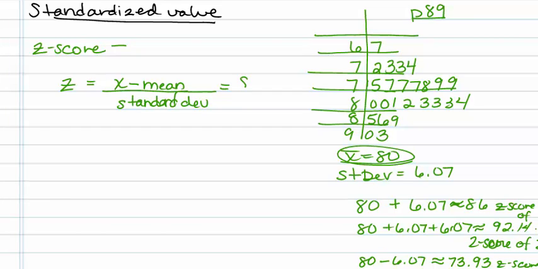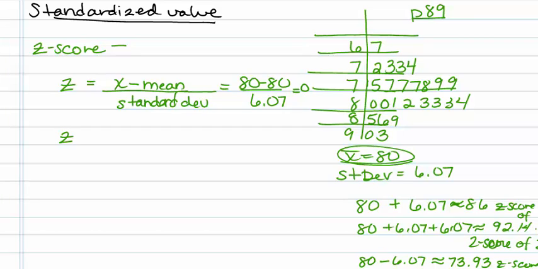Well, 80 is the number we're looking for. It's also the mean. Divided by the standard deviation, we'd end up with 0 over 6.07. It would be 0. So the z-score would be 0 for the mean, because it's not to the left or to the right. It's right on target with the mean.